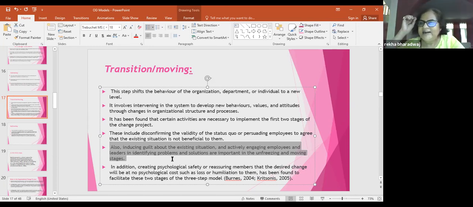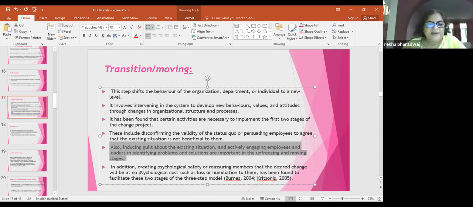So at least that realization, you raise awareness of people so that they get unfrozen from their present situation and they feel like moving. So what do you want to do? We need to do it urgently.